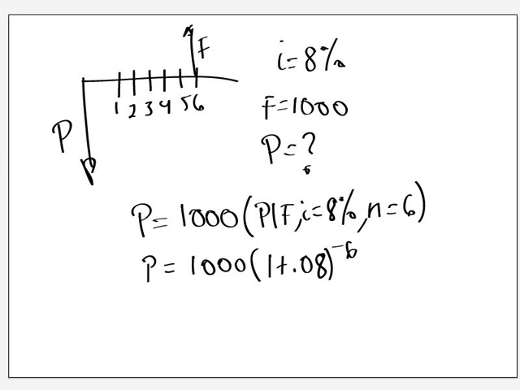So that would be the amount, and we can make this computation in the calculator. We have 1.08 raised to the negative 6. That number becomes $1,000 times 0.630169.